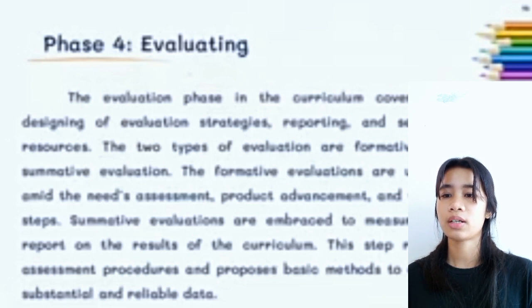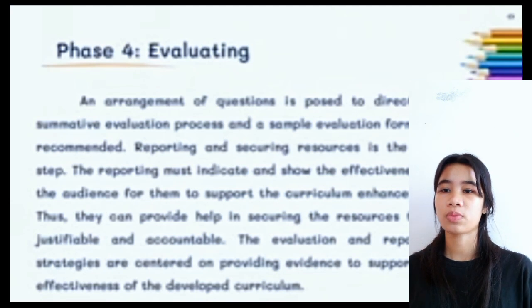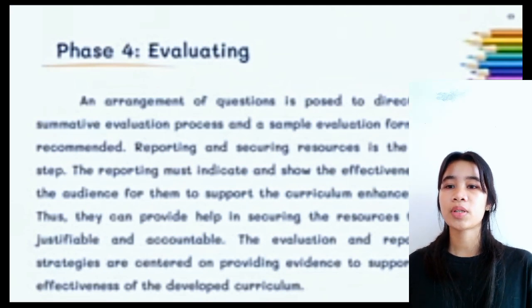Summative evaluation is embraced to measure and report the results of the curriculum. This step reviews assessment procedures and proposes basic methods to deliver substantial and reliable data. A set of questions poses and directs the summative evaluation process, and a sample evaluation format is recommended.